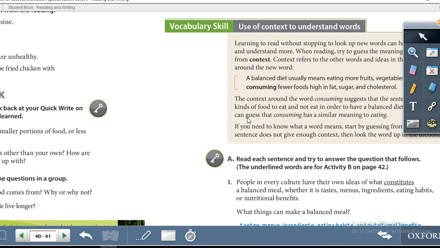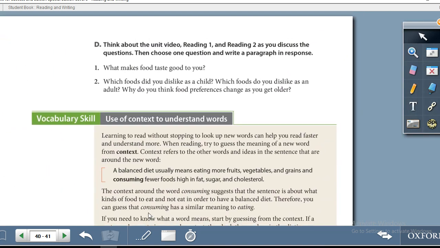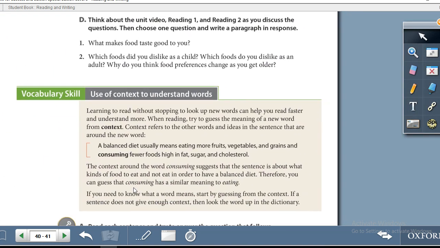Let us turn over to the last page or the last part of the reading. Right, so we have exercise D. Think about the unit video, reading 1 and reading 2. As you discuss the questions, then choose one question and write a paragraph in response. Right, so you're just going to think about what you have learned from reading 1, reading number 2 and the video, right?